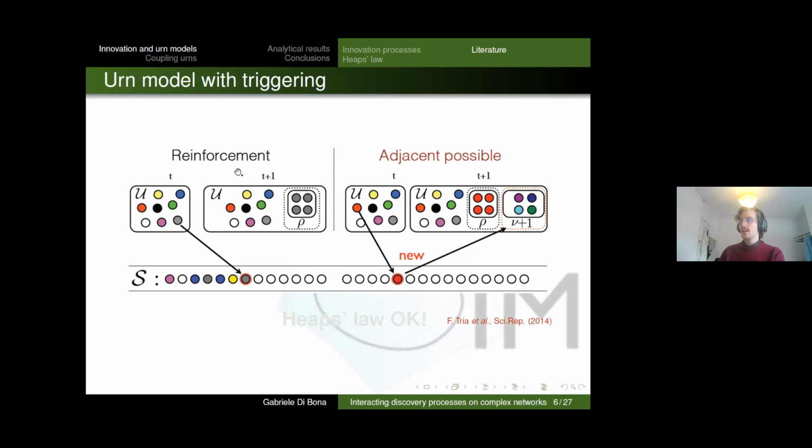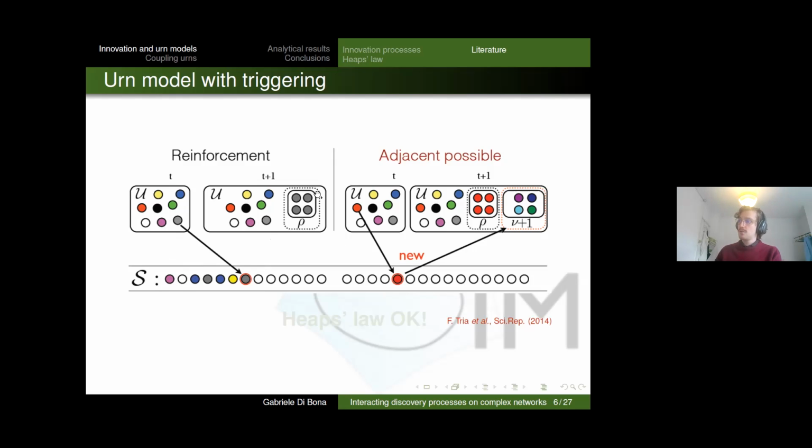In this model, it's like a toy model actually, and there are two basic dynamics. Every time step, you draw from an urn that is initialized at the beginning with some colors, and you record the draw. So the event is the draw of the ball, and the event is just the color of the drawn ball.